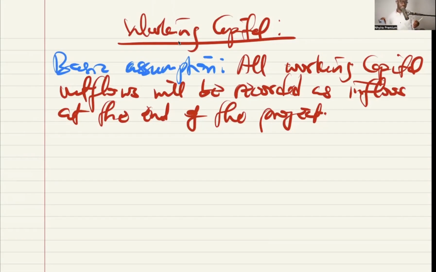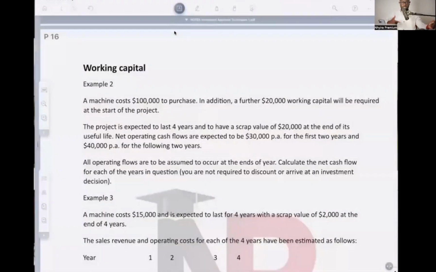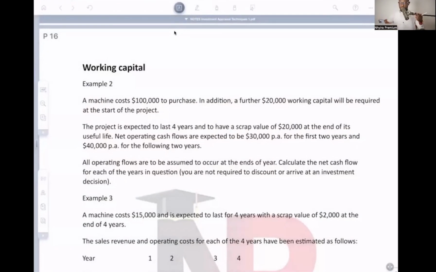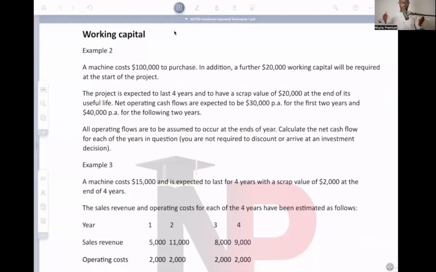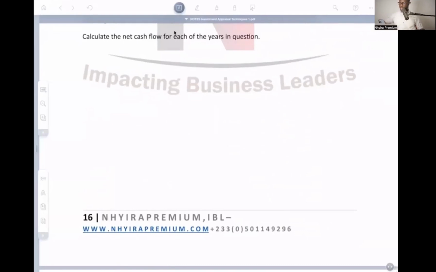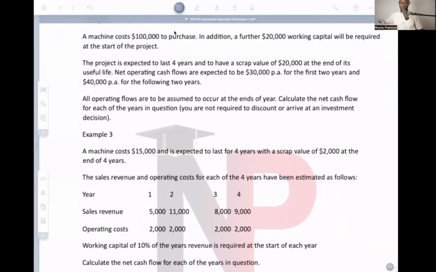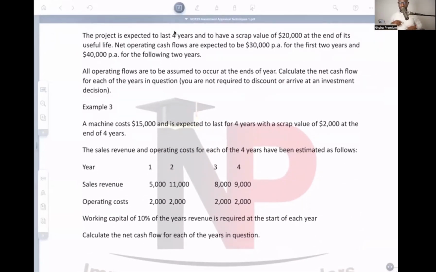So the question we then ask ourselves is, how do we actually account for this? So we go back to our investment appraisal documents that we have been referring to, and go to page 16, working capital management, and look at example 3 and use that as a guinea pig to explain the concept of working capital.